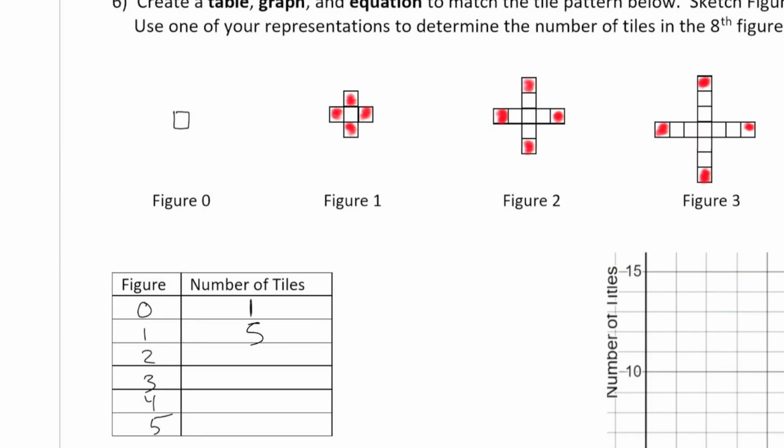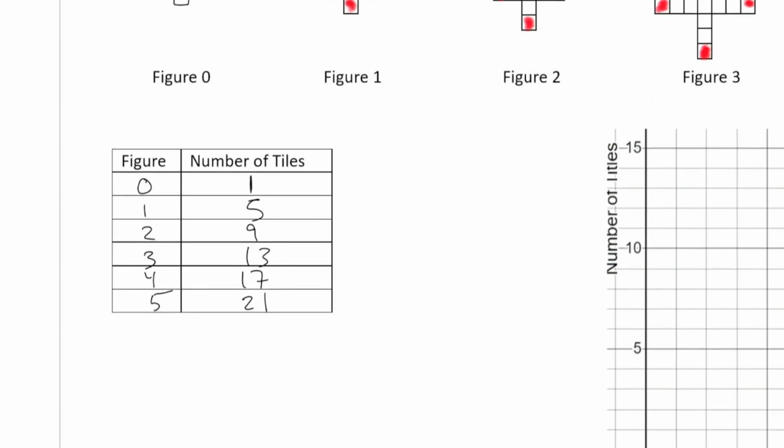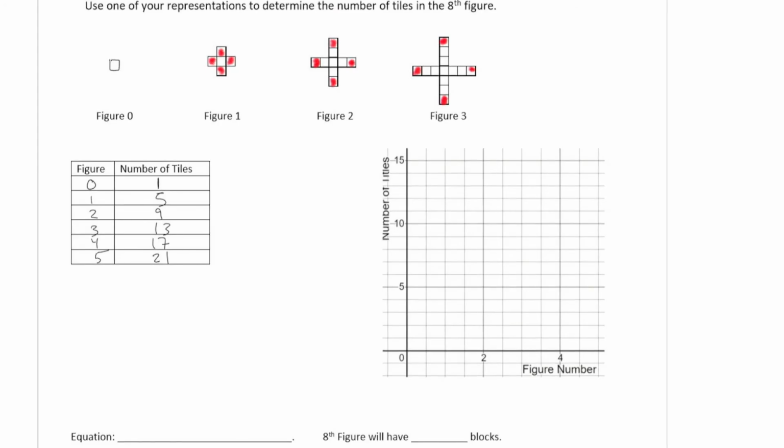The next one has 1, 2, 3, 4, 5, 6, 7, 8, 9 tiles. And then 9, 10, 11, 12, 13, 14, 15, 16, 17, 18, 19, 20, 21. So every single time I'm adding 4 more tiles, right? To get to the next one, I'm adding 4 tiles.